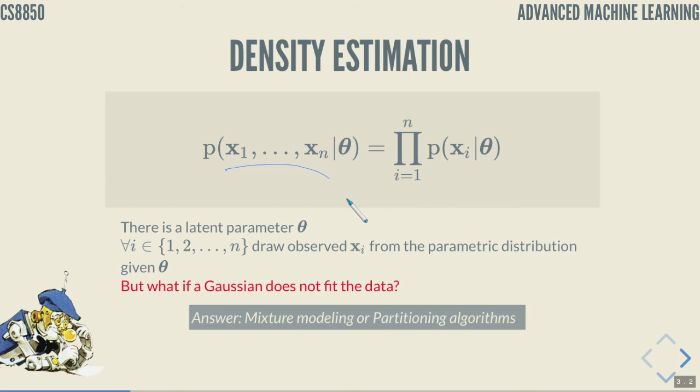In general, mixture modeling or partitioning algorithms don't have to be Gaussians, but Gaussians are fairly convenient to talk about and easier to deal with. So let's stick with Gaussians for now.